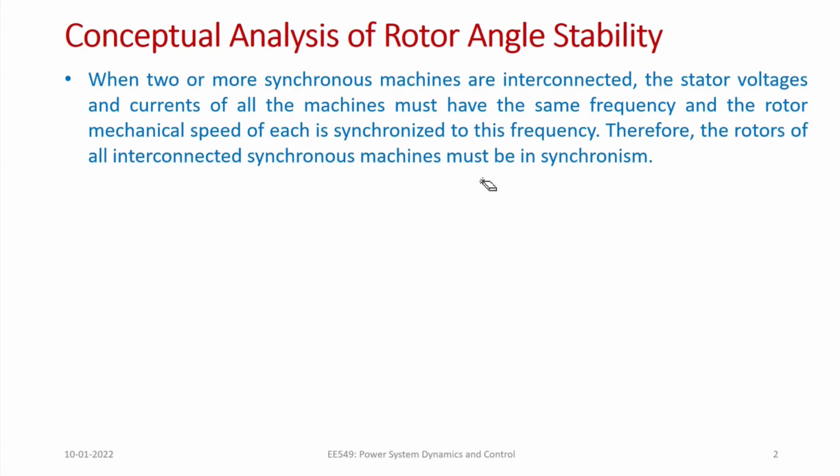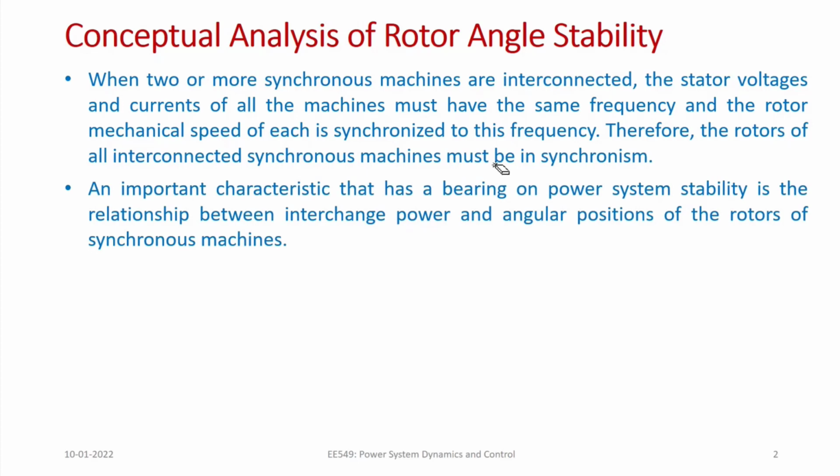This we already know. This is under normal operation. Generally, all the synchronous machines are synchronized with each other, and they are feeding power to the grid, and their stator voltages and currents must have the same frequency, or else they cannot be synchronized. We know this from the very basic study, right?